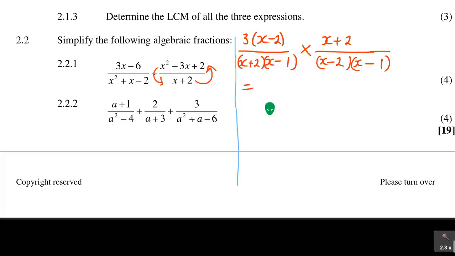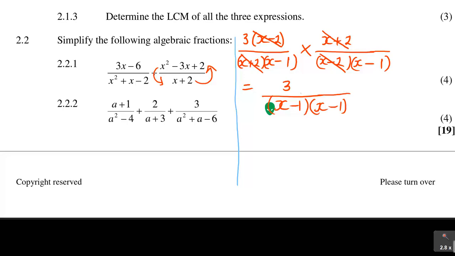But you need to know how to factorize that. Then I can cancel out what is common. In this case, x minus 2 will cancel, x plus 2 will cancel, and my answer is 3 over x minus 1, and I've got x minus 1.